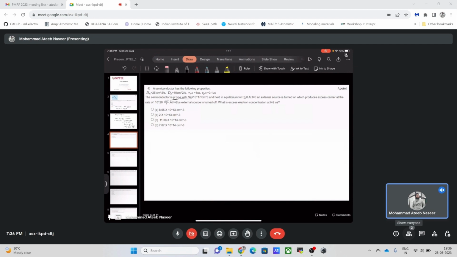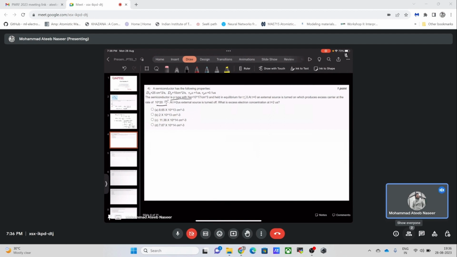We have been given the diffusion constants for the electrons and for the holes, and the times tau n naught and tau p naught, and the generation rate, which is 10 to the power of 20. The semiconductor bar is under equilibrium for time less than t equal to 0.